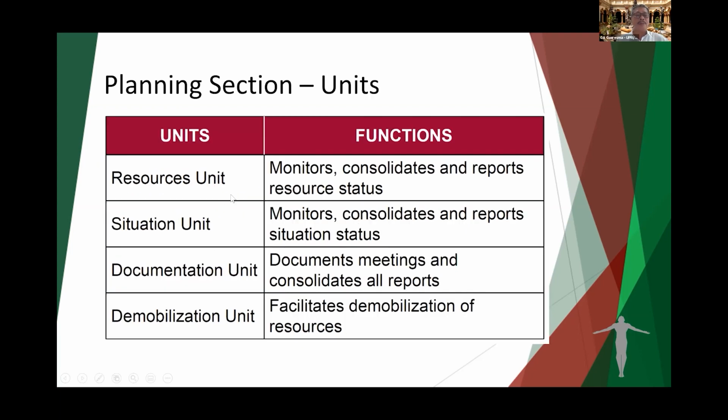So here are some units of the planning section. You have the resources unit, the situation unit, the documentation unit, and the demobilization unit. Obviously, the resources unit monitors, consolidates, and reports resource status. The situation unit does that for the situation status. The documentation unit documents meetings and consolidates all reports, while the demob unit facilitates the demobilization of all resources employed.